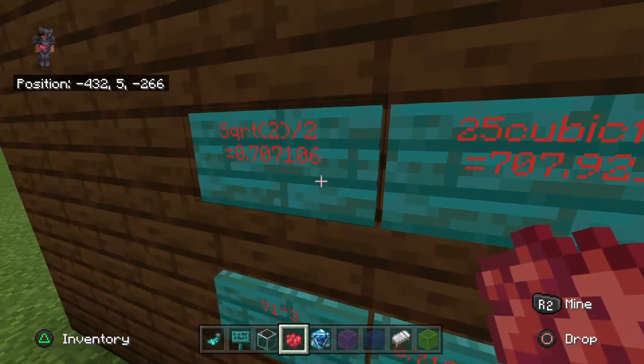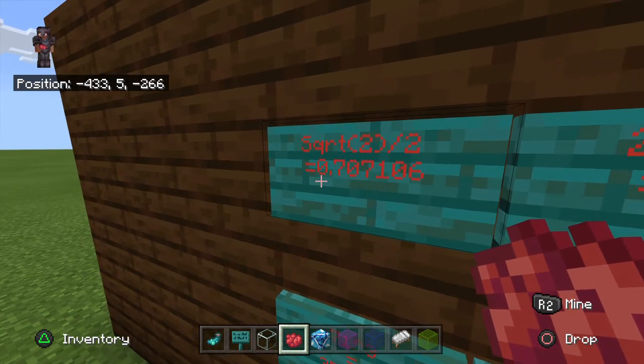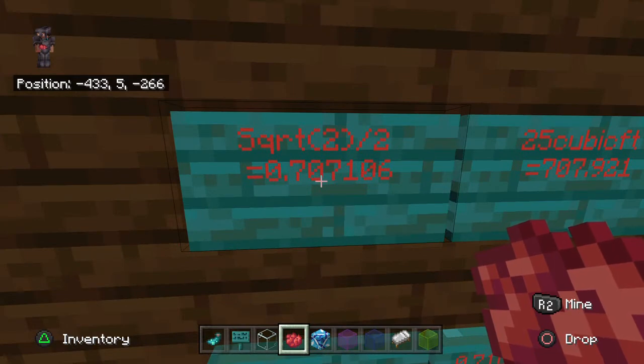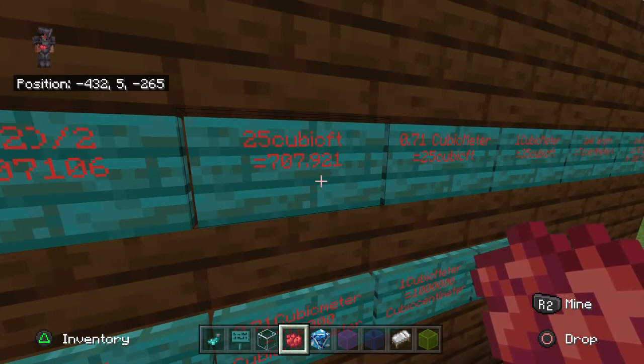And I find that interesting because the square root of 2 divided by 2 equals 0.707106 and so on.